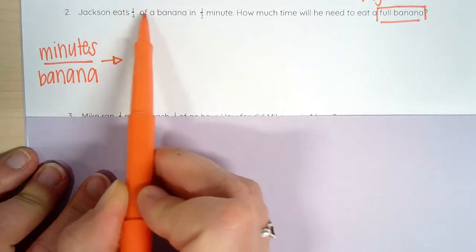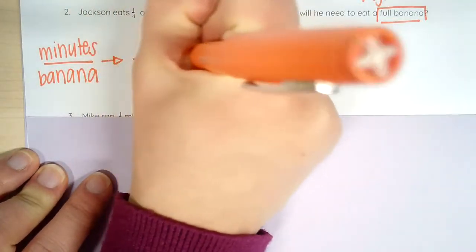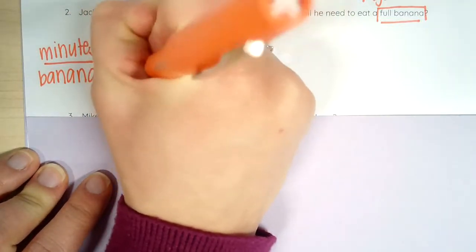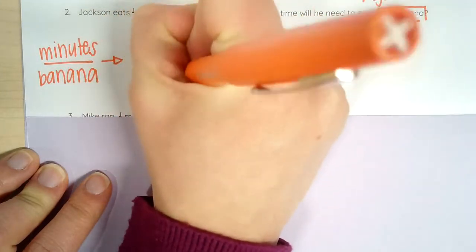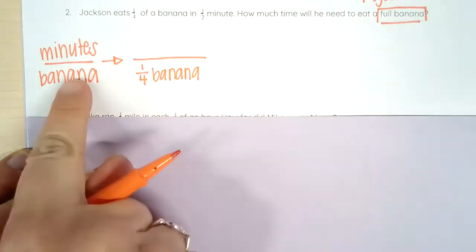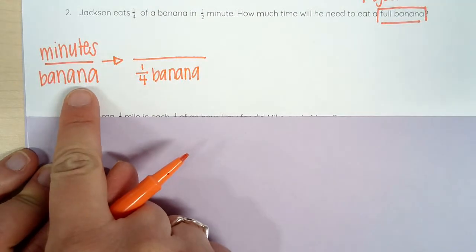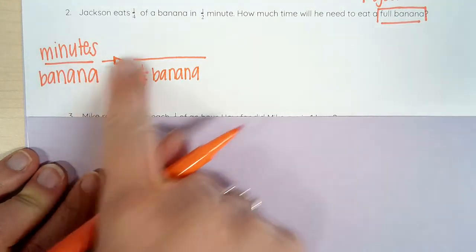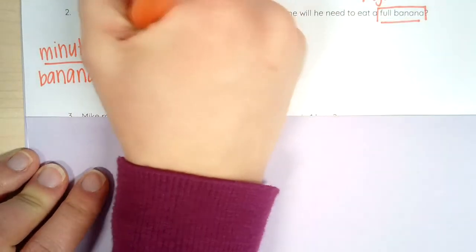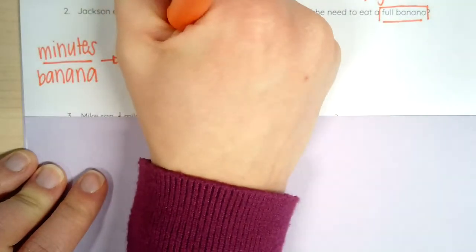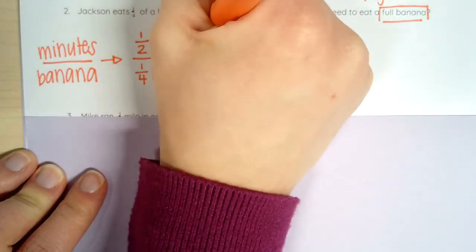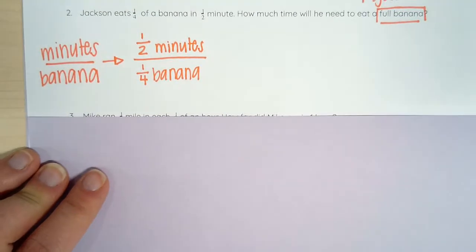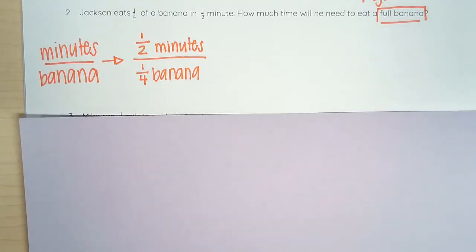The 1/4 belongs to the banana, which is in the denominator. So we need to pay very close attention and make sure we're following our word ratio. Then for minutes, we've got 1/2 minutes. Okay, so now minutes over bananas, 1/2 minutes divided by 1/4 of a banana.